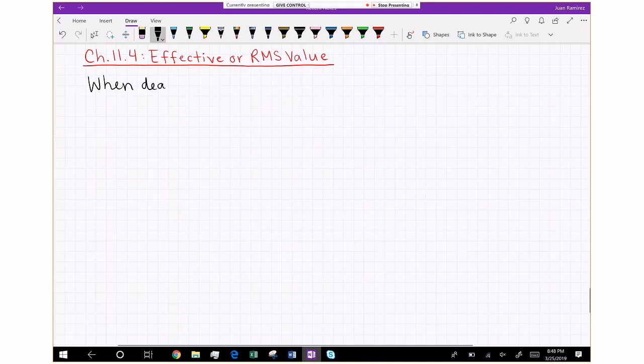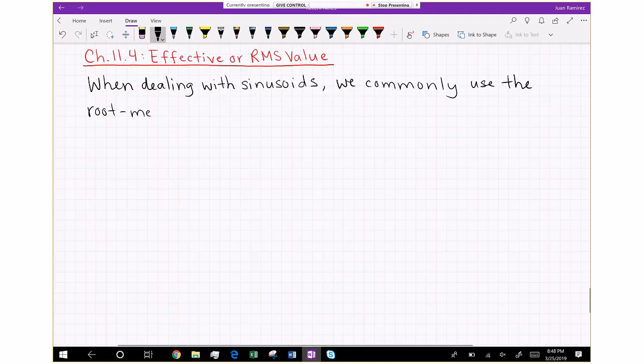When dealing with sinusoids, we commonly use the RMS value, and specifically we do that for the voltage and current.